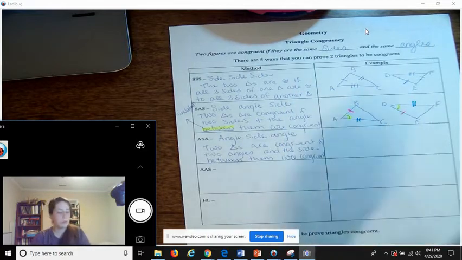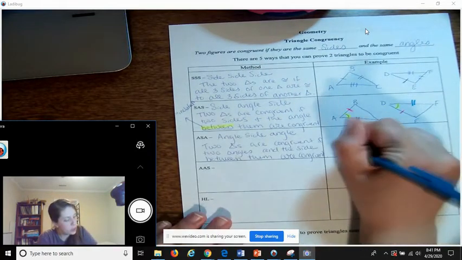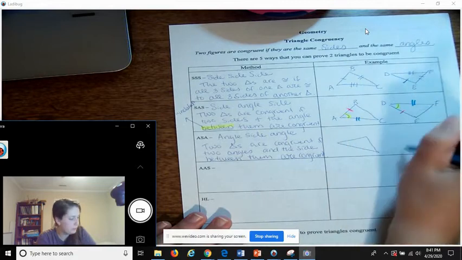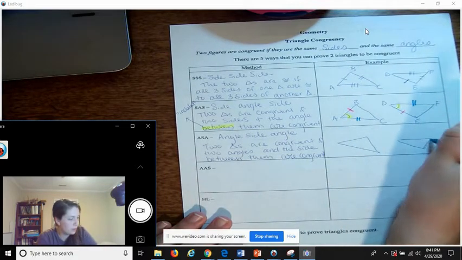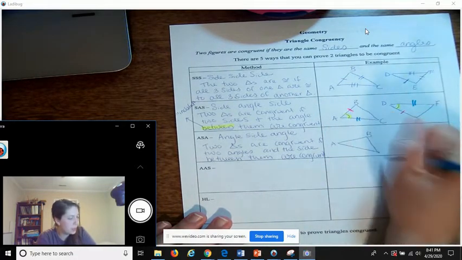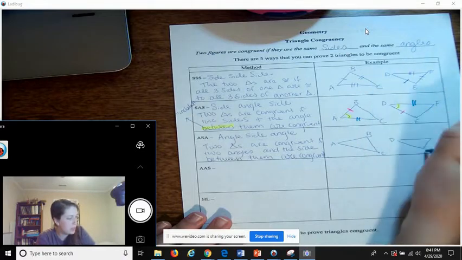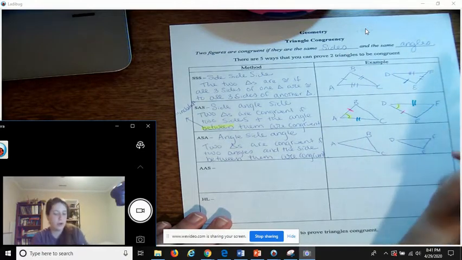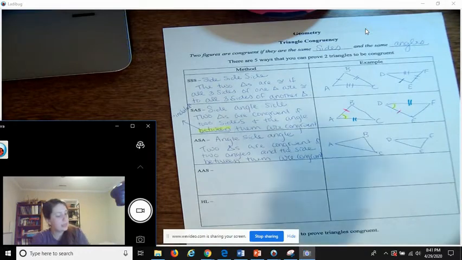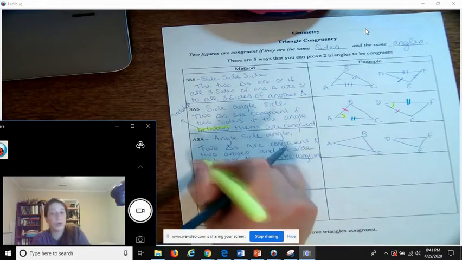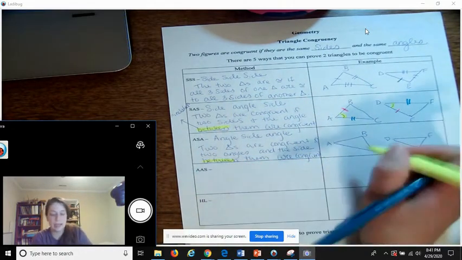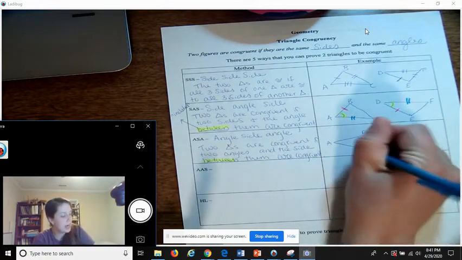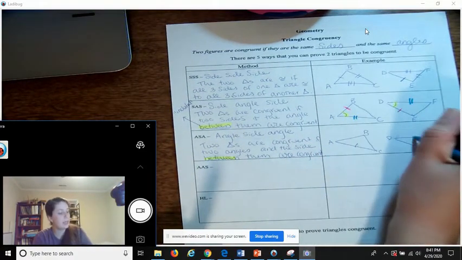Okay, so I'm going to draw out our two triangles again. We have A, B, C, and D, E, F. So in this case, the thing that's in the middle or between or included is the side. So maybe we have this side and this side congruent.